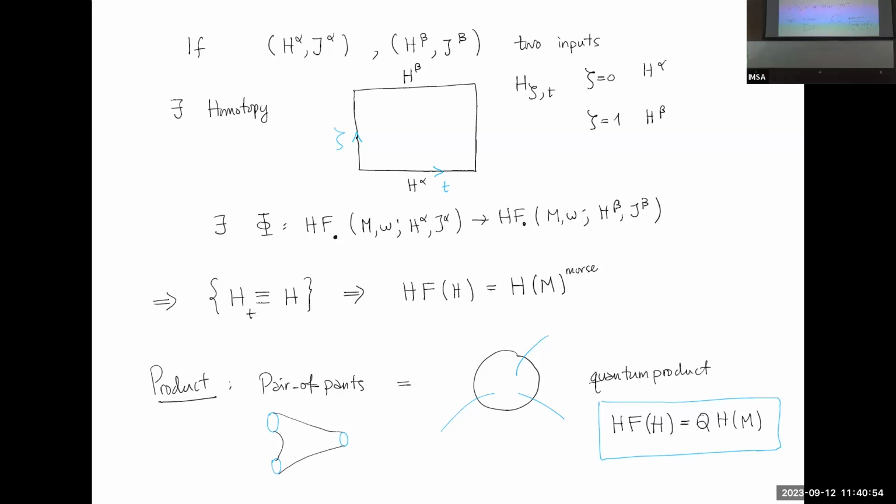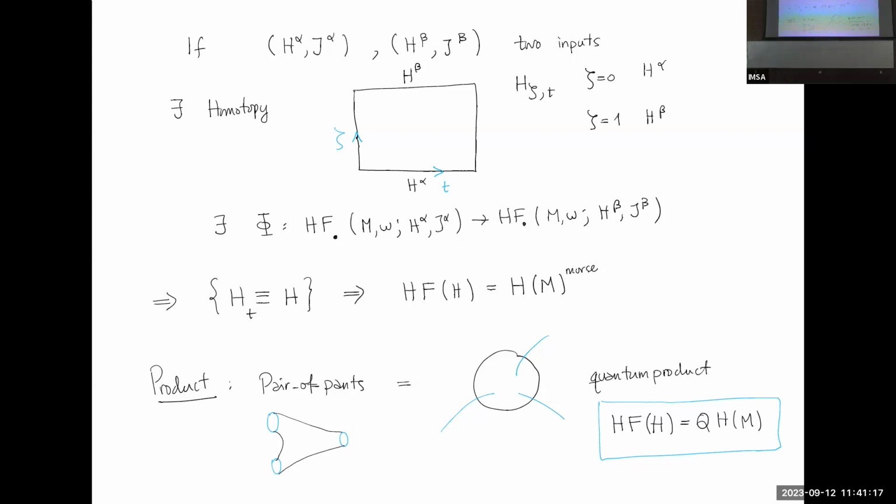You can always find a homotopy that brings one to the other, and you can construct what are called continuation maps from one Floer homology to the other. This can be done at whatever level we want.